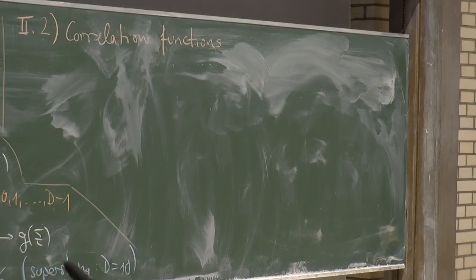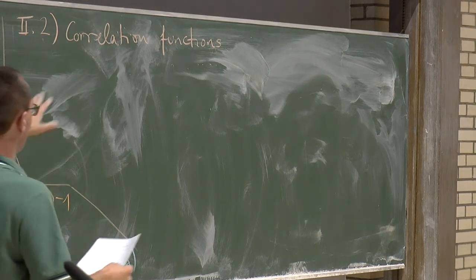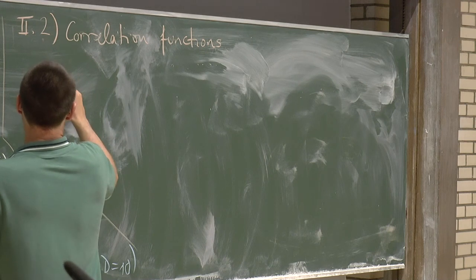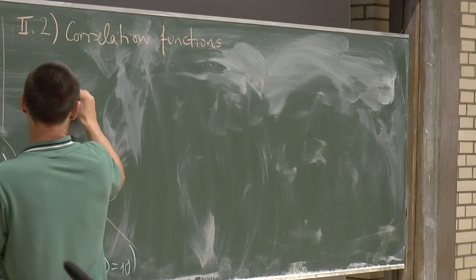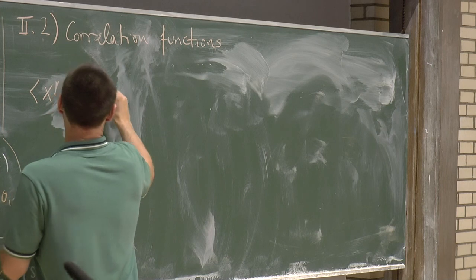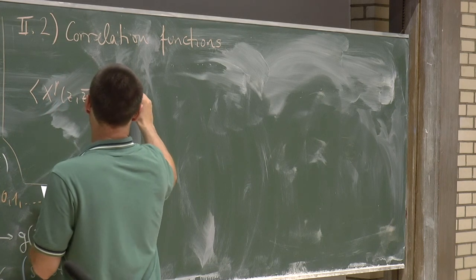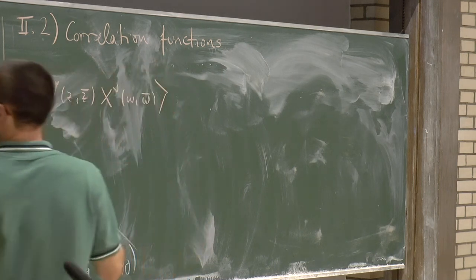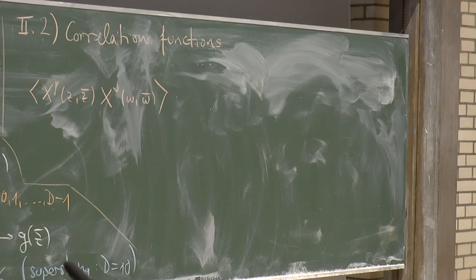And as in any d-dimensional QFT, you can compute correlation functions from the path integral approach. And for instance here, we may want to look at a two-point correlation function of X. To stress it a bit more, X being the embedding coordinate of the string is a field on the worldsheet.